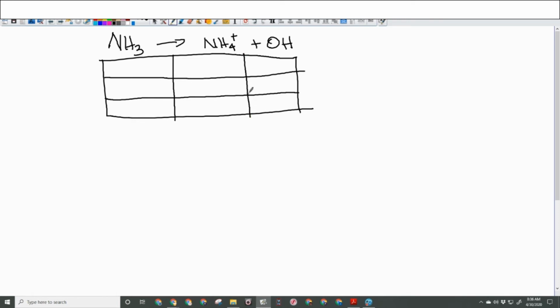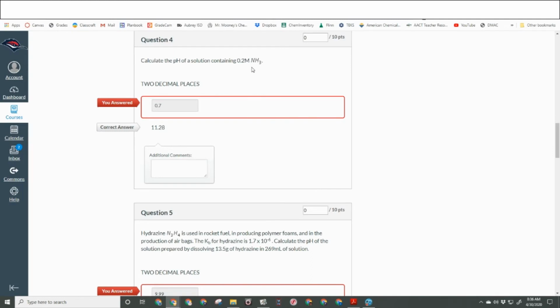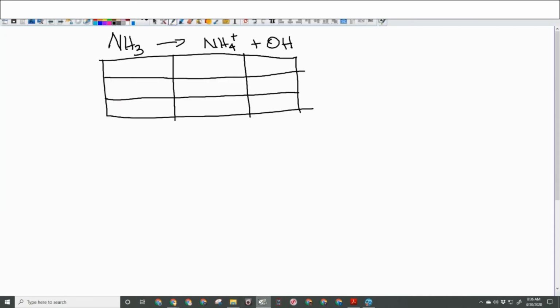Okay, so what pieces of information are we given? The molarity, 0.02 molar. Zero, zero. It's going to go down by X, up by X, up by X. Okay, so this is going to be 0.02.